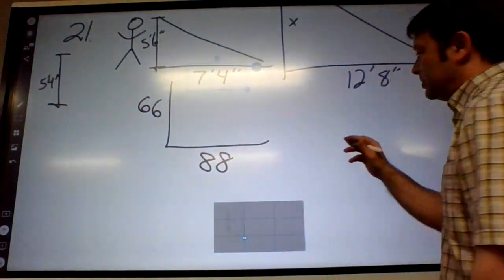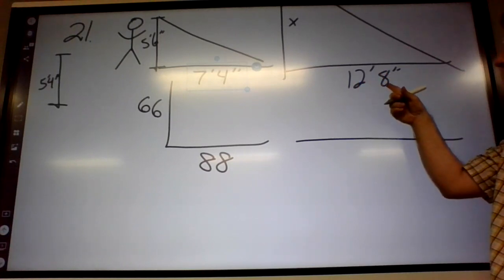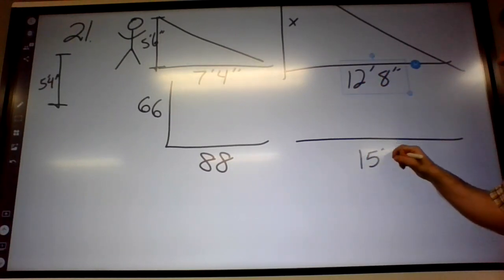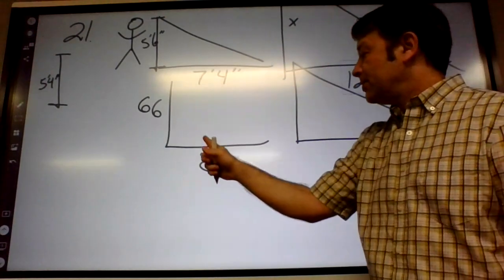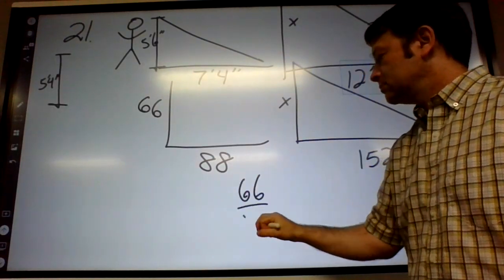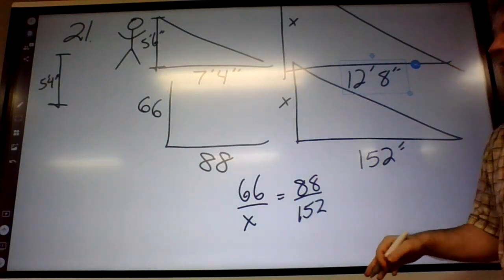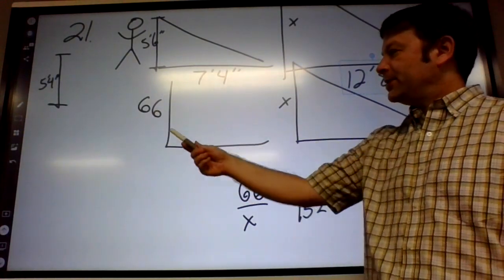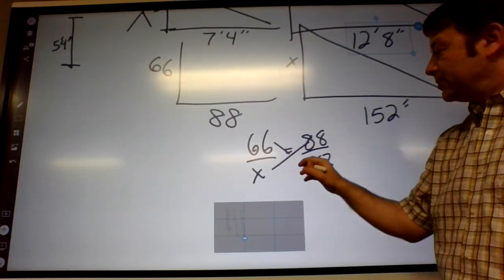Over here, 12 feet times 12 inches each is 144, plus the 8 inches we already have is 152 inches. So that's our ratio there. So, 66 over x, and then 88 over 152. We probably could have reduced this ratio and just used that, but that's okay. It's a giant number if you don't reduce.